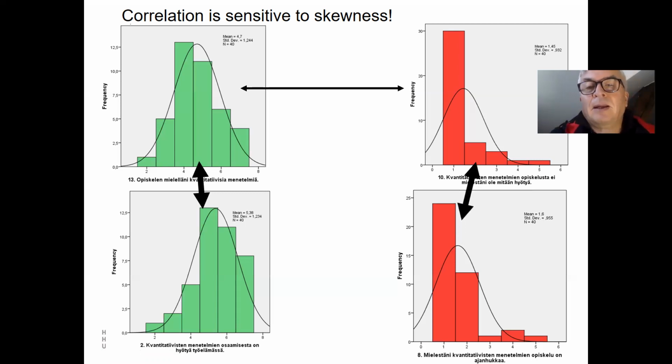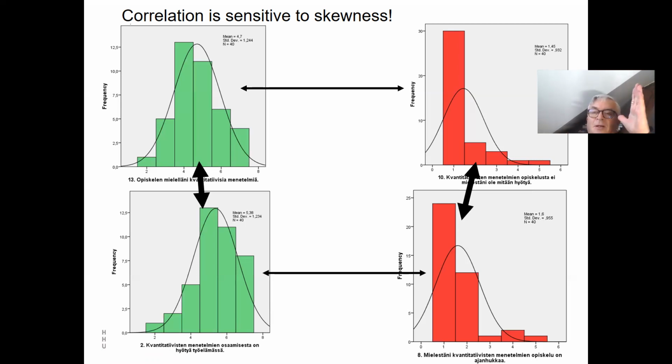Now, on the other hand, skewed variables have no trouble correlating strongly with each other. And you can even have skewed variables in one direction, so positive skew and strong negative skew. And in some cases they can correlate very strongly with each other.